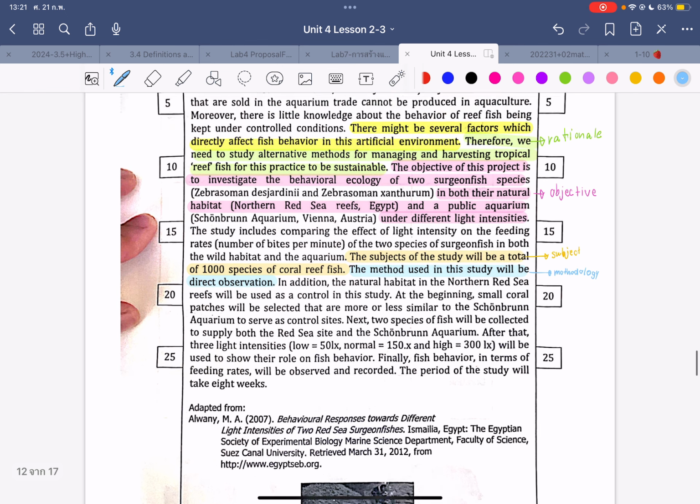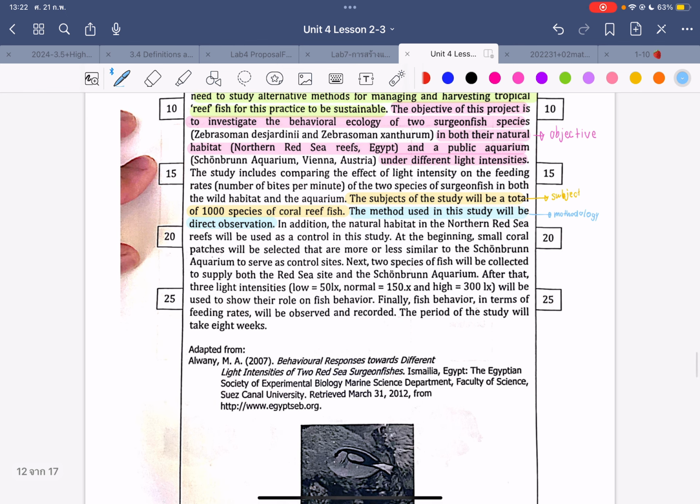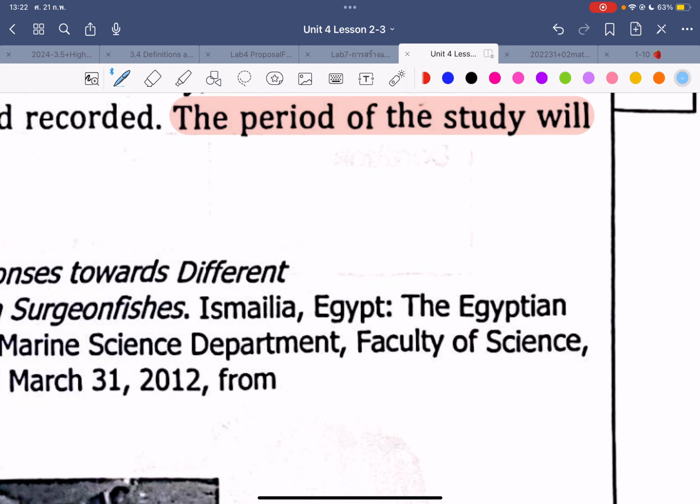Do they eat a lot if it's too bright? Something like that. Okay, the subjects of the study will be a total, this is the subject. So subjects can be people, in this case it can be fish. So the total number of subjects is 1,000 fish, okay, 1,000 species of coral reef fish. All right.